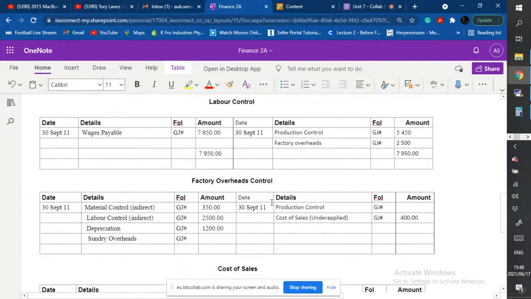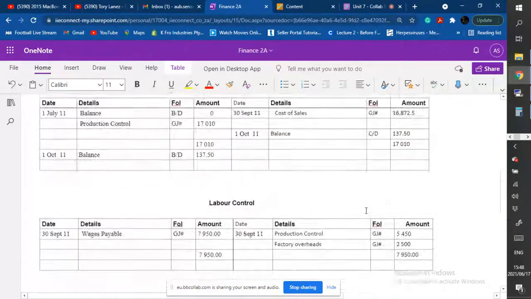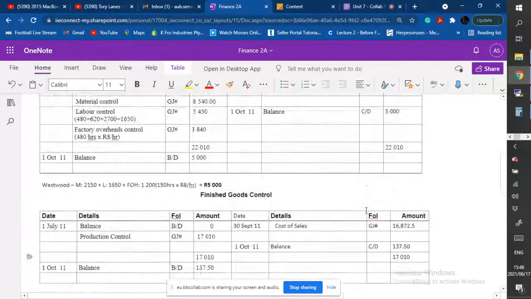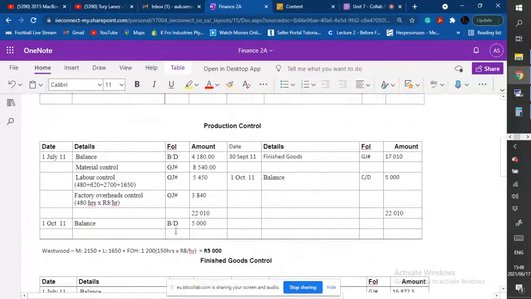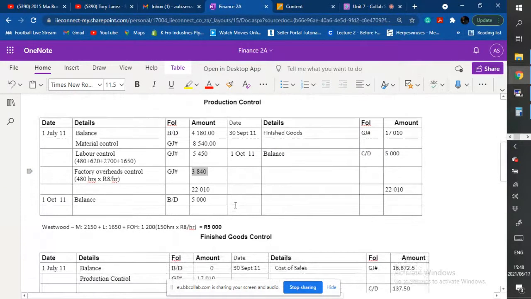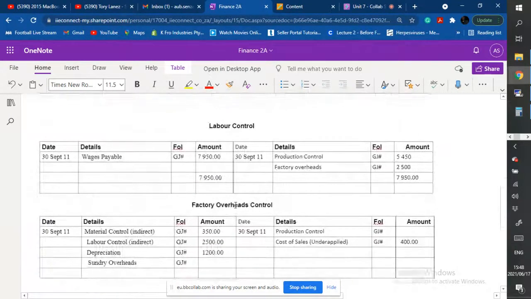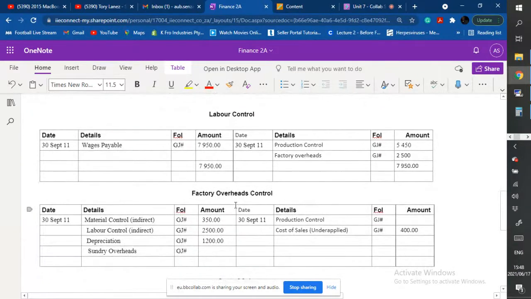We now get to factory overheads. The only missing bits, the two missing bits, is production control. We did also plug that in. Production control, we're looking for factory overhead, so here it is. Again, you could just calculate this from scratch. We know that the base is machine hours.